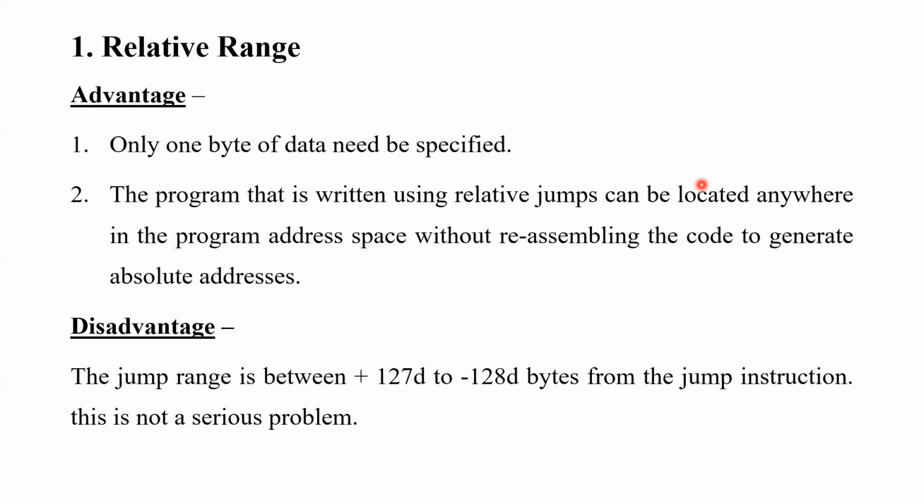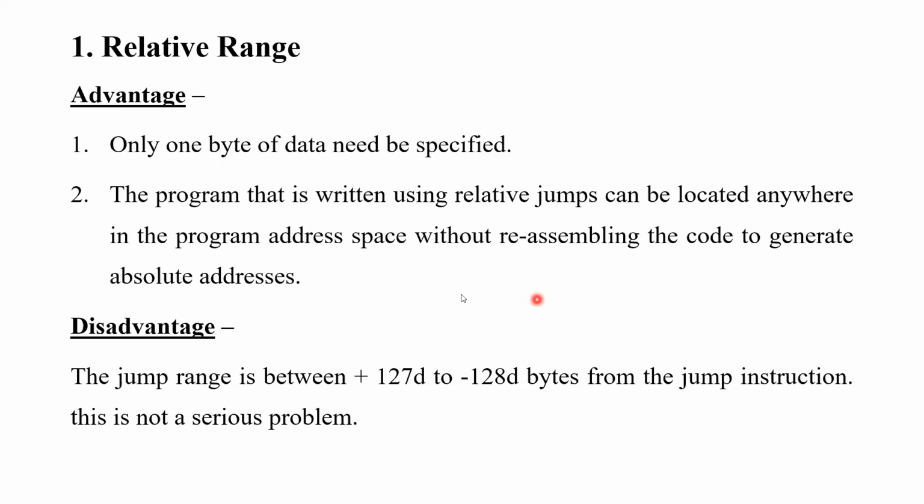Since it is only one specific task, the program we write is also a very small code, and there is every possibility that most of the time, if I want to perform the jump depending on the condition, it is always between plus 127 D and minus 127 D. So in that sense, this is not a serious issue with the relative range.